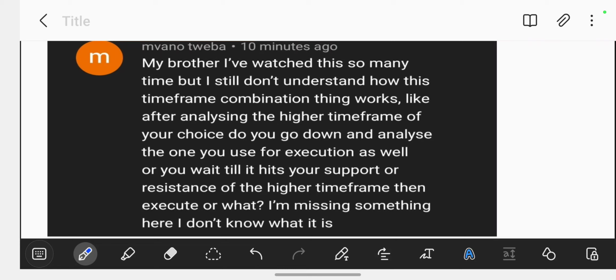Mvano Peba is asking about how the time frame combination works. Like, after analyzing on your higher time frame of your choice, do you go down and analyze the one where you're going to execute on, or do you just wait until price hits the support or resistance on your higher time frame, then you execute, or what? That's his question.